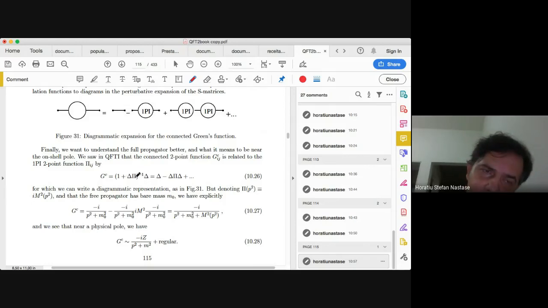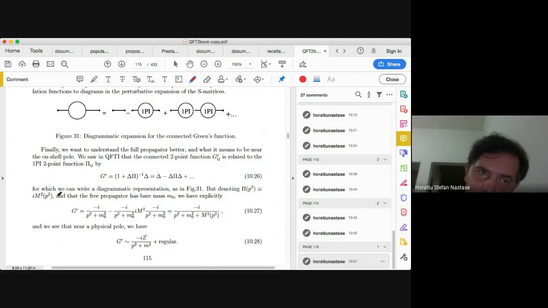If these are just numbers, this is delta over 1 plus delta pi, so I put the delta in the denominator. I write this as 1 over delta to the minus 1 plus delta to the minus 1 delta pi. That is 1 over delta minus 1 plus pi.